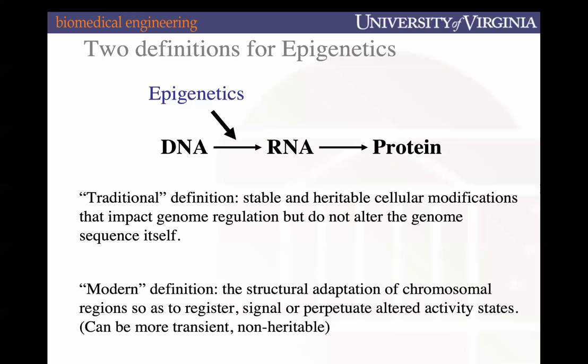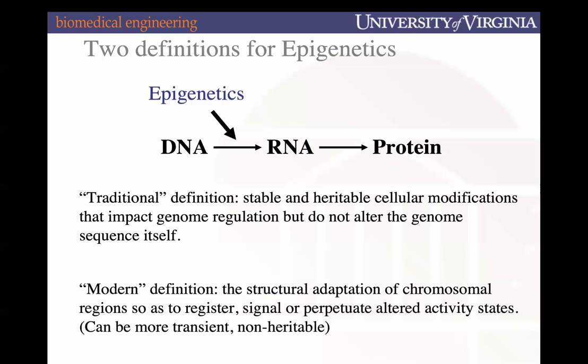The traditional definition is that these epigenetic changes that occur in and around our DNA are stable. They will not revert back, and they are inheritable, meaning they'll be passed down to your progeny. A more modern definition, where we have the tools to see the resolution of these epigenetic changes happening in real time, is that some of these changes might happen and then might revert back or go away.